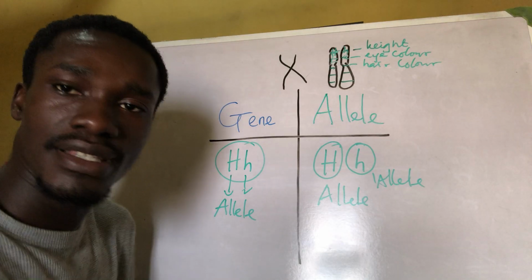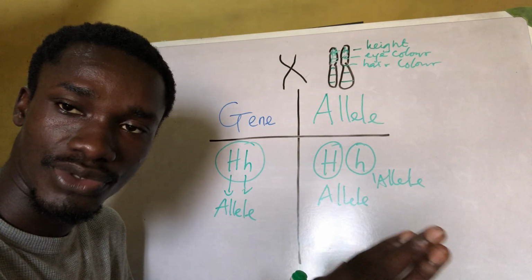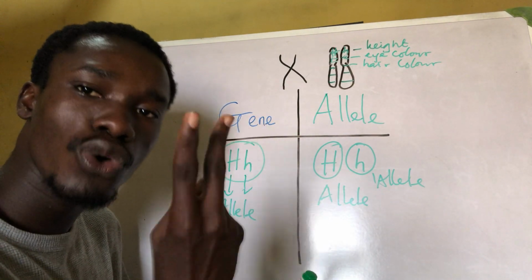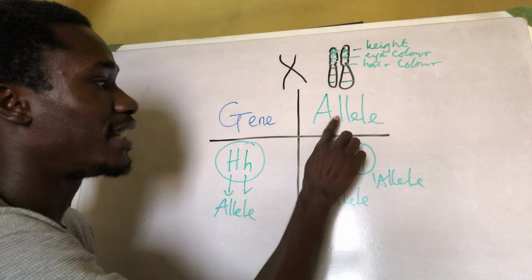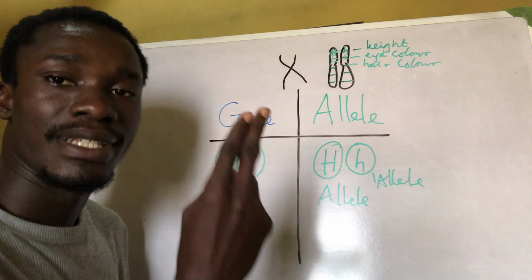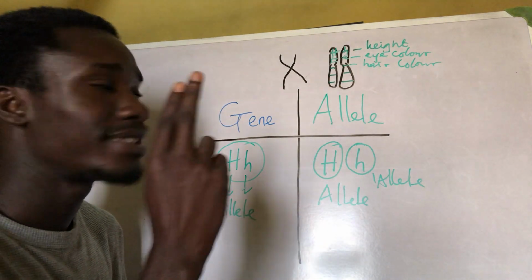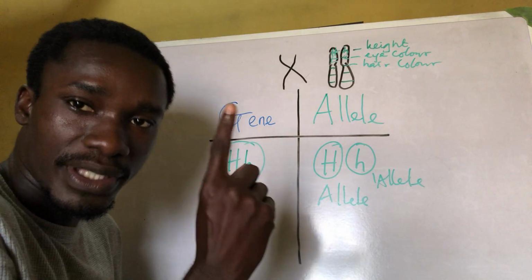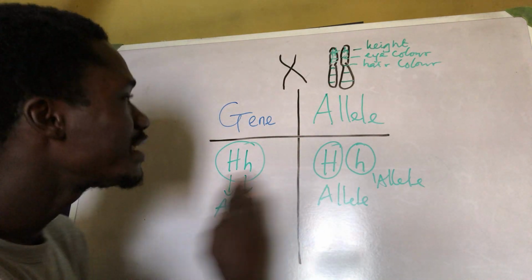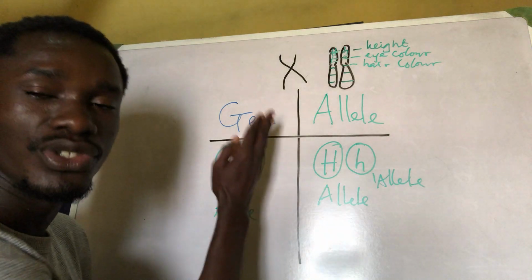The two copies code for the same trait, which is height, but they have two copies of this gene. So one of the two copies is called an allele. But when there are two, they are the gene that is responsible for eye color, right? But just one copy is an allele. So that is the simple difference between gene and allele.